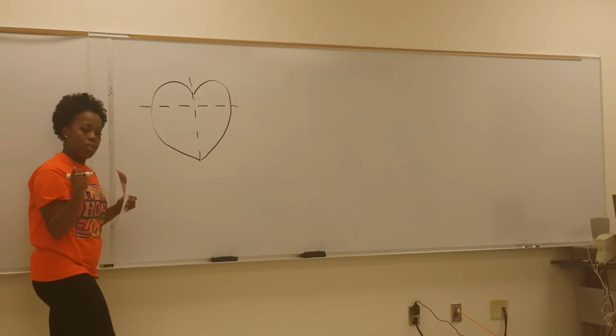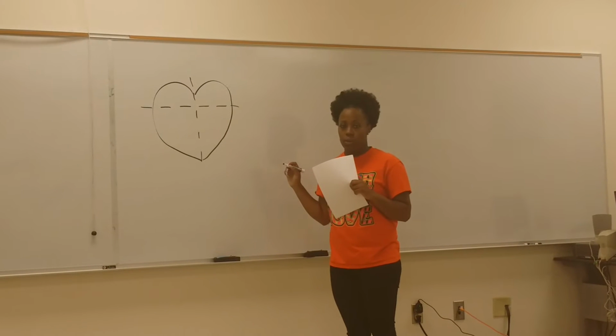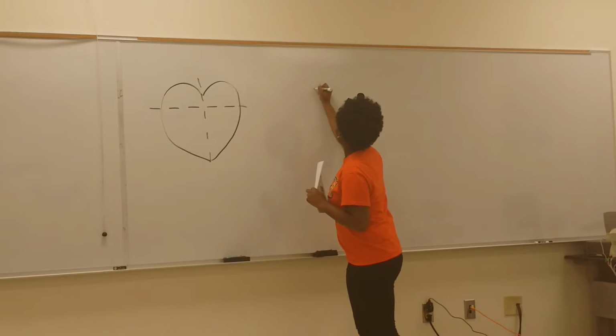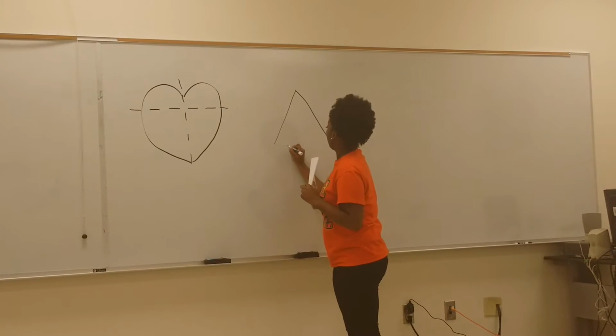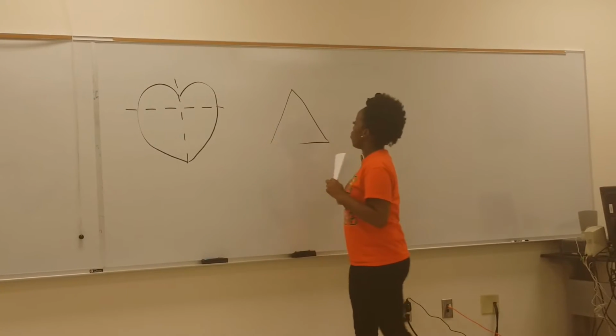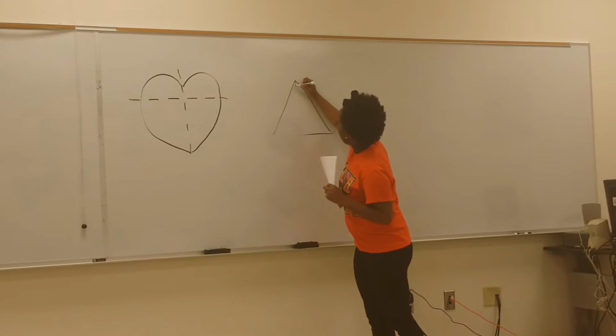Now, let's go to another shape. Let's look at an equilateral triangle. Once again, we have one line of symmetry so far, and that's right down the middle.